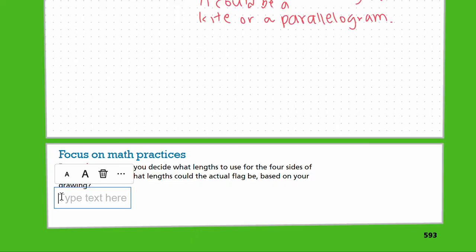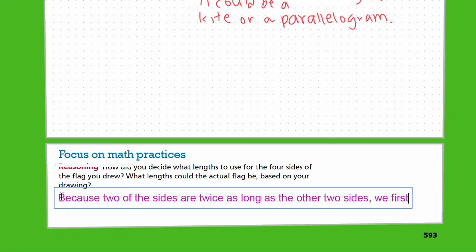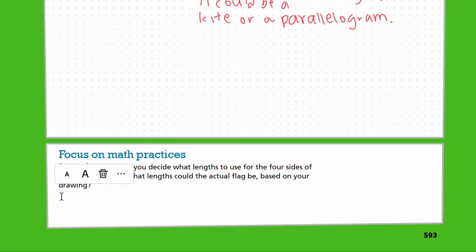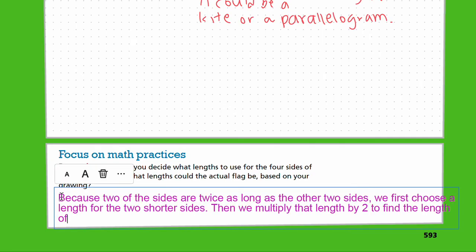So let's explain. For me, because 2 of the sides are twice as long as the other 2 sides, we first choose a length for the 2 shorter sides. Then we multiply that length by 2 to find the length of the longer side.